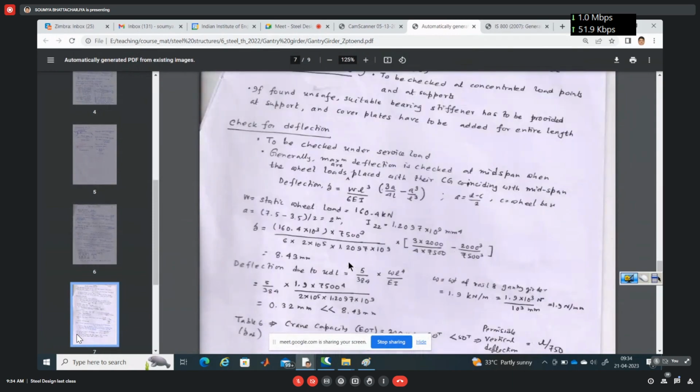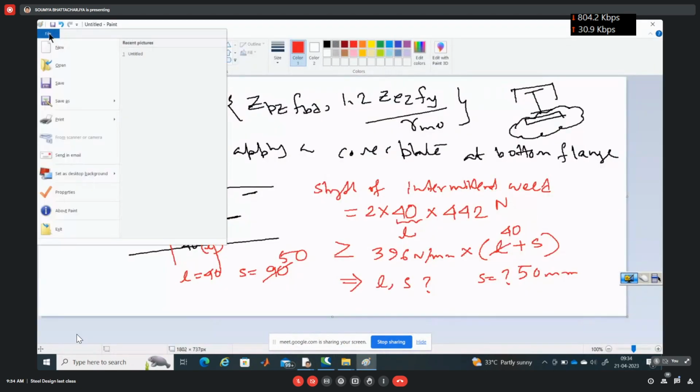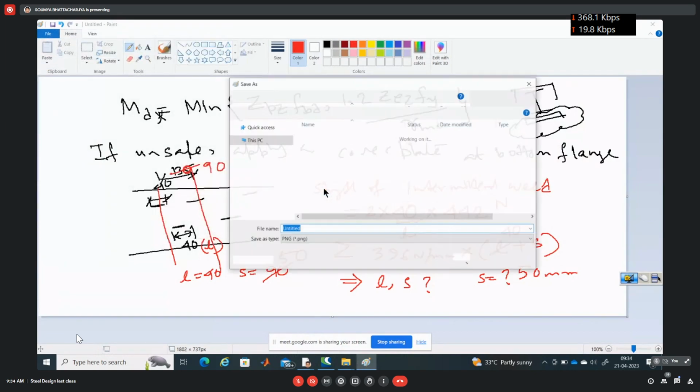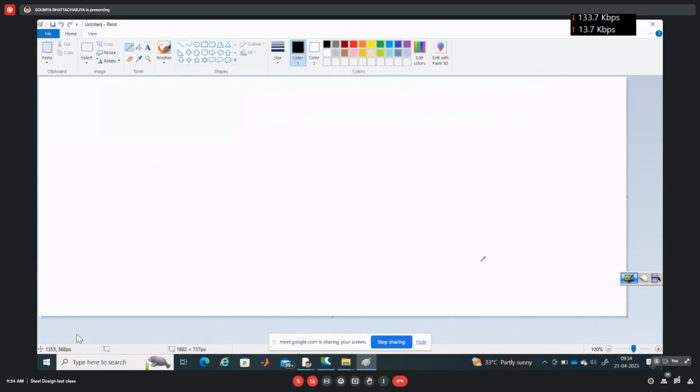And the most important check is the check for the deflection. We check for the deflection assuming that, with respect to the center line, the crane loads are equally spaced.